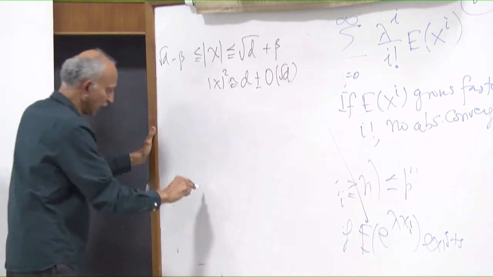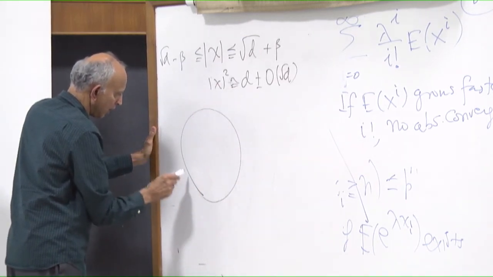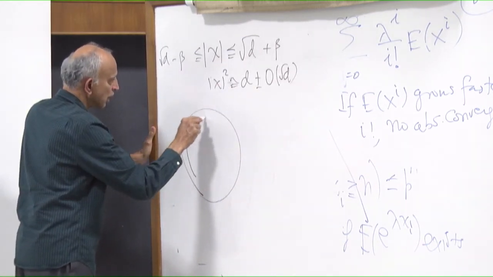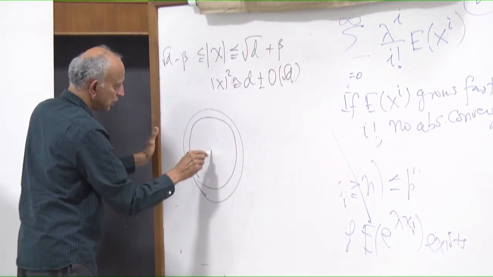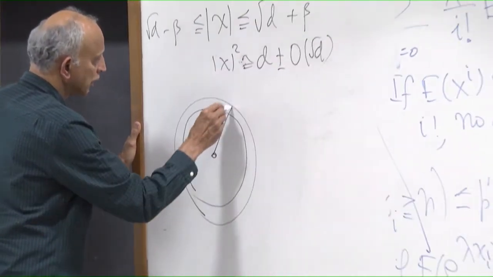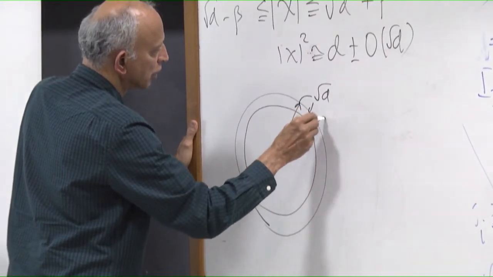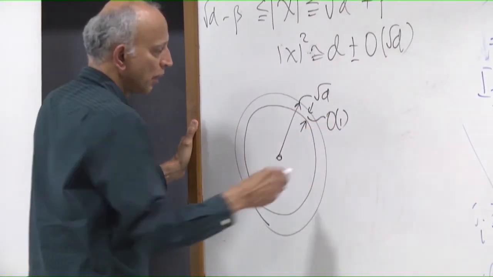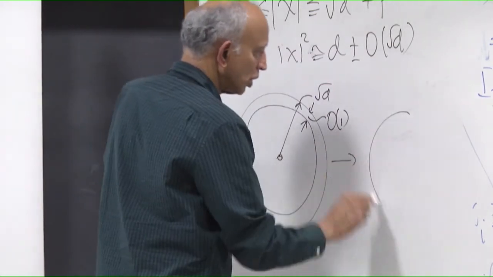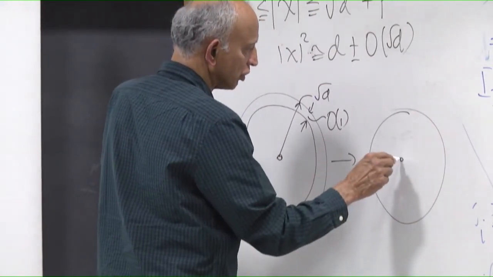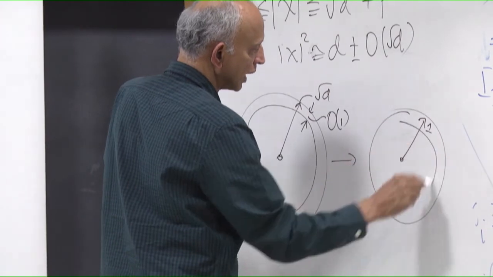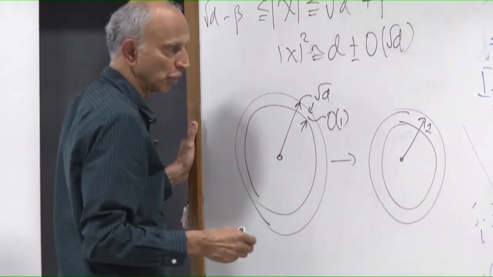So if I draw a curve, this is a distance root d, and the annulus is of width order 1. If I instead normalize it so that this is distance 1 for the Gaussian, the annulus has width 1 over root d.